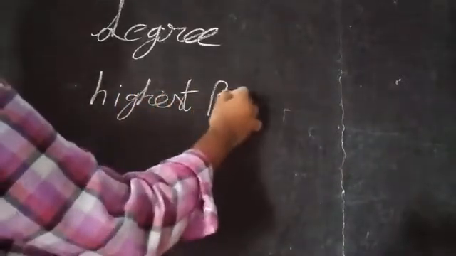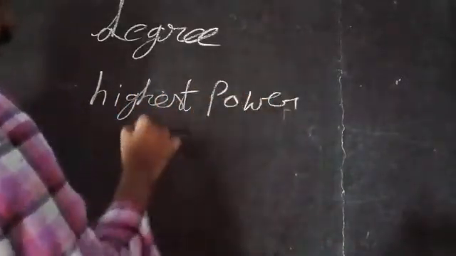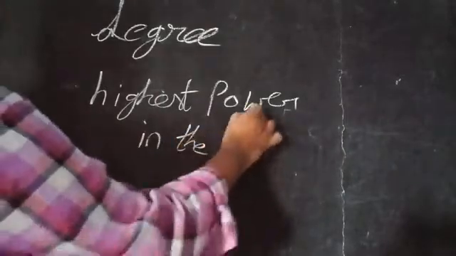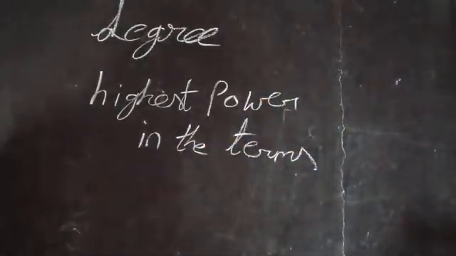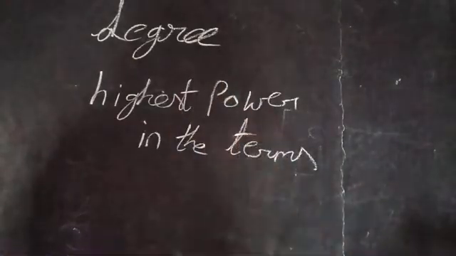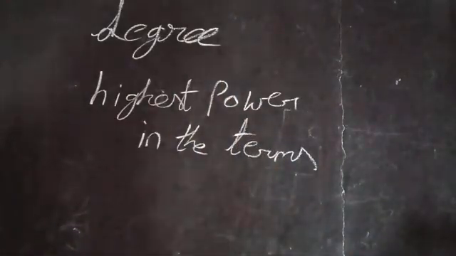Next one is degree. What is called degree? Highest power in the terms. Here two things we have to keep in mind. If there is one alphabet, we take the highest power.